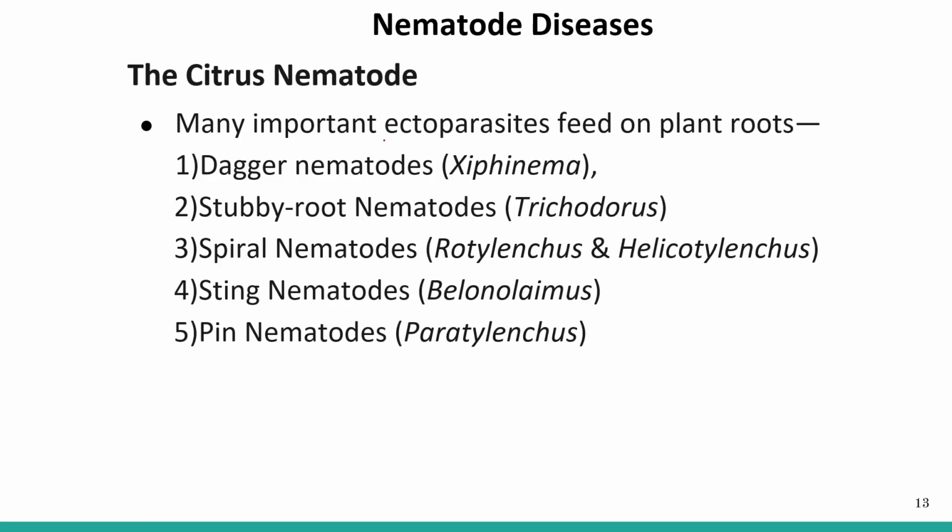Many important ectoparasites feed on plant roots. So there are not only endoparasites, some ectoparasites are also there, which are present at the surface of the root only. They do not penetrate deep inside the root, and they take away tissues from the plant roots.